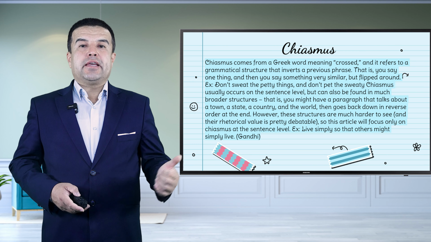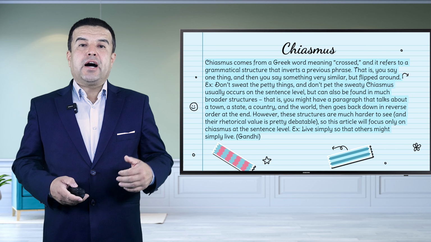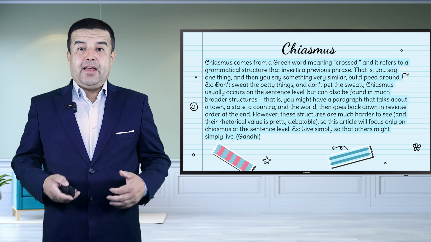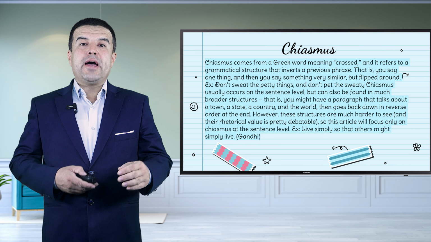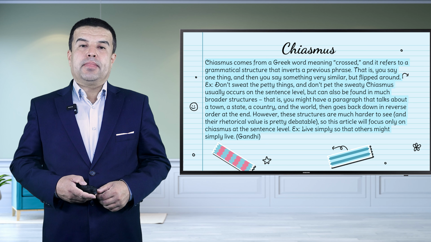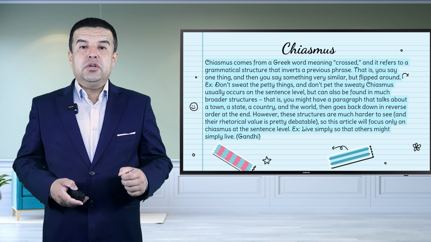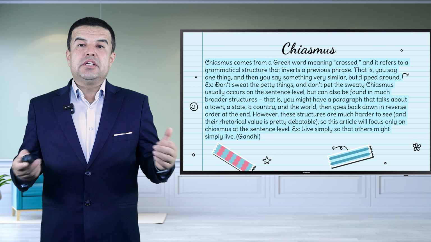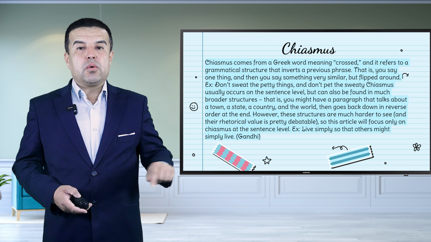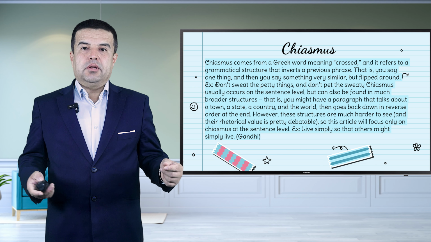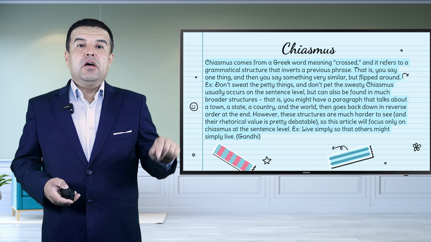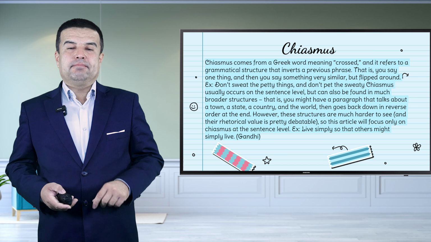Next one is chiasmus. Chiasmus comes from the Greek word meaning crossed, and it refers to a grammatical structure that inverts a previous phrase. That is, you see one thing and then you see something very similar, but flipped around. For example, don't sweet the pretty thing and don't pat the sweetie.